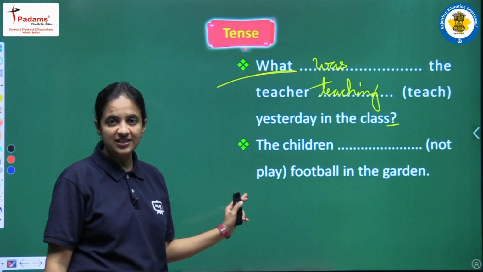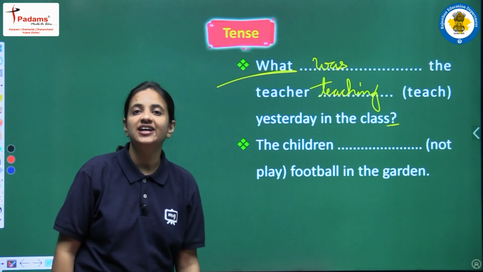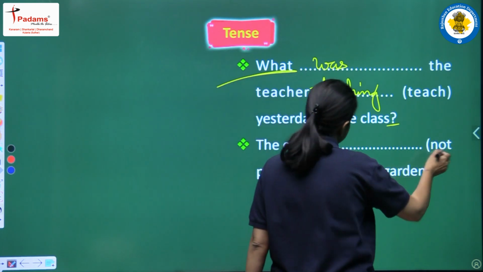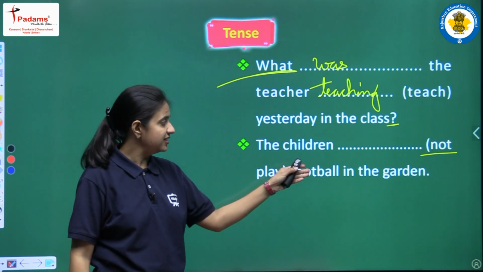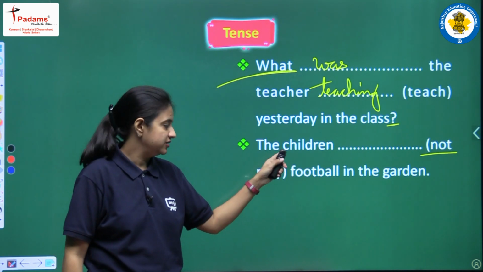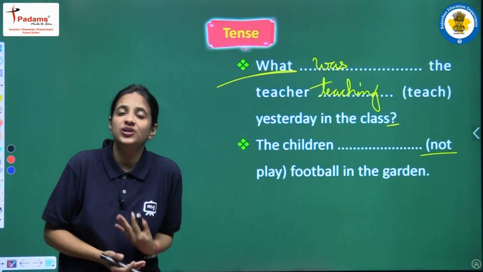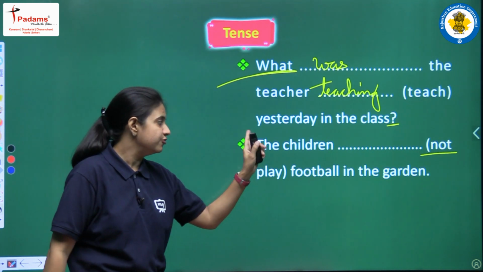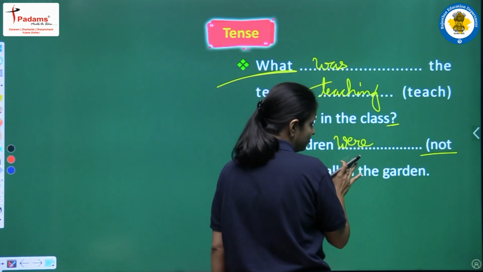Next, one more sentence we have here. The children did not play football in the garden. So this is the negative sentence because we have not here. In this sentence we have to see first of all the subject, that is children, and yes, children is a plural subject, a plural noun. So for a plural subject we will write were. First of all the helping verb will be here.